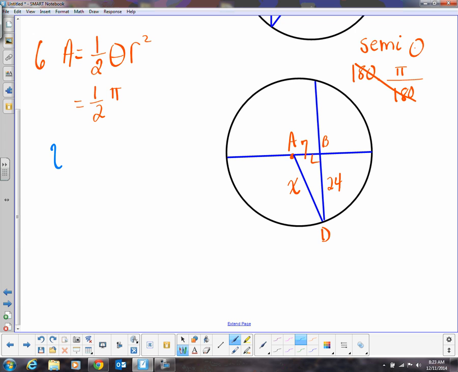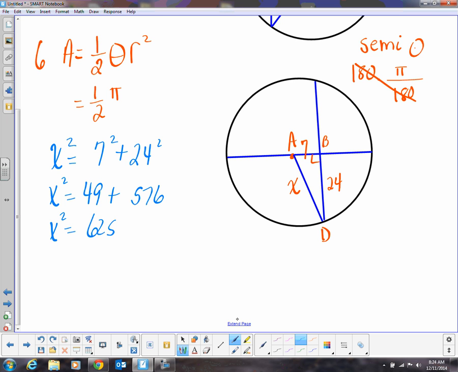X squared equals 7 squared plus 24 squared. Okay, so what's 7 squared? 49. What's 24 squared? 576. So we've got x squared equals 625. Now what do we do? Square root. And how many answers do we get? 2. Plus or minus, and which one do we choose? The positive, and that is 25.